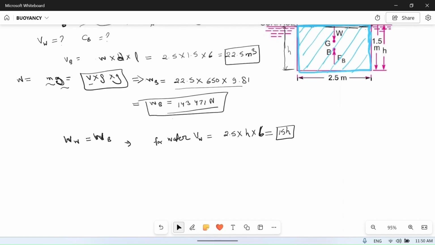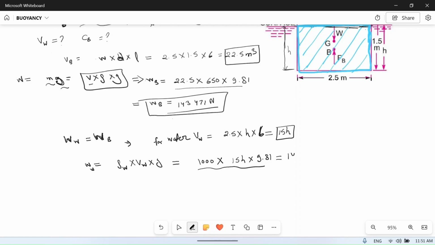So 15h is volume. Now weight of water is equal to density of water into volume of water into g. So it will be equal to density of water, 1000 kg per meter cube, into volume 15h, into g, 9.81, and this weight is equal to weight of block.